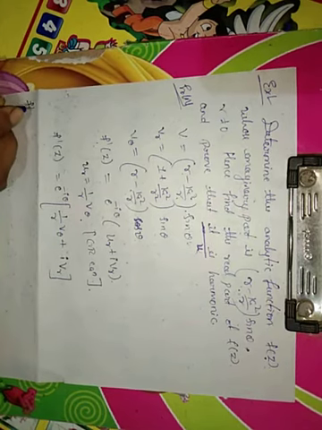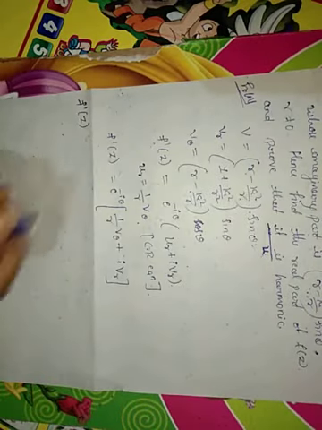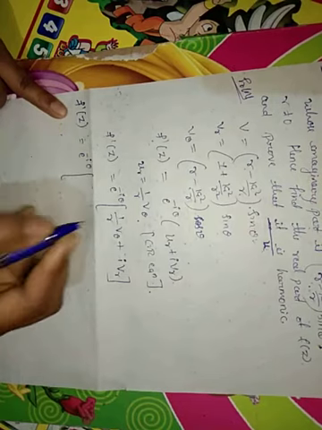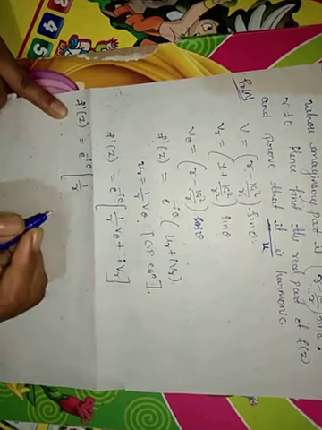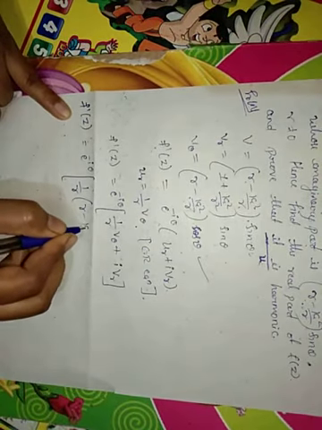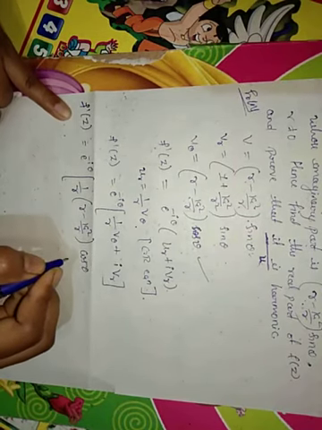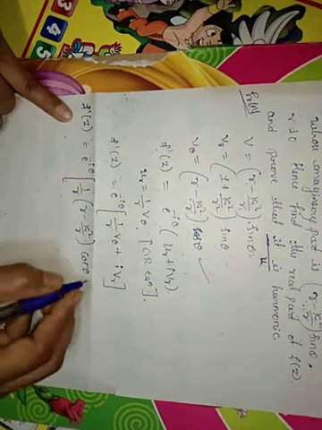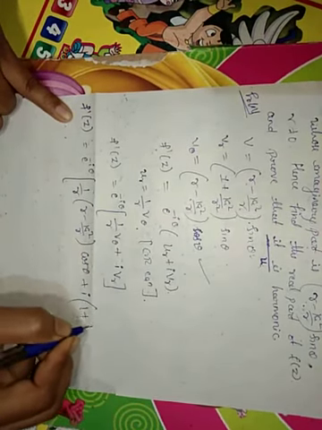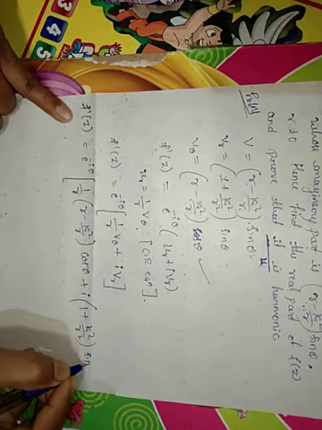F dash of z equal to e raised to minus I theta as it is, 1 by r into V theta is here r minus k square by r into cos theta, plus I into VR equal to 1 plus k square by r square into sin theta.